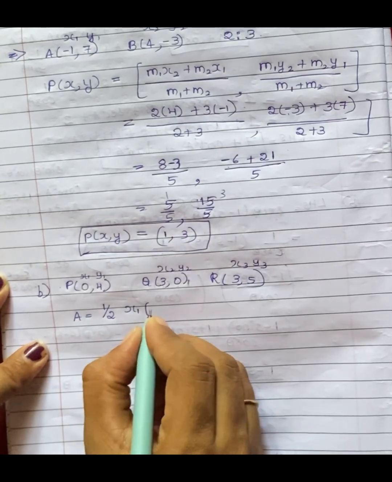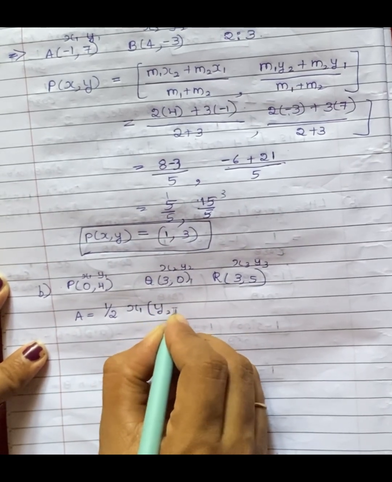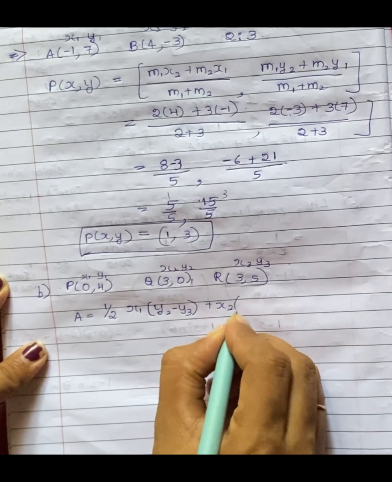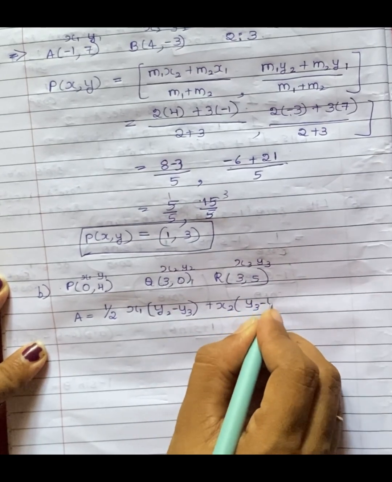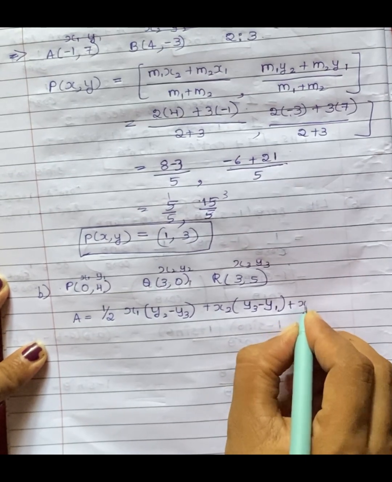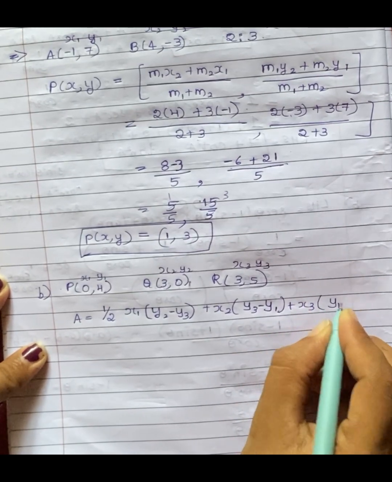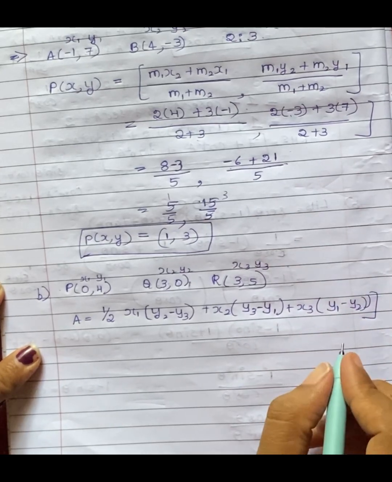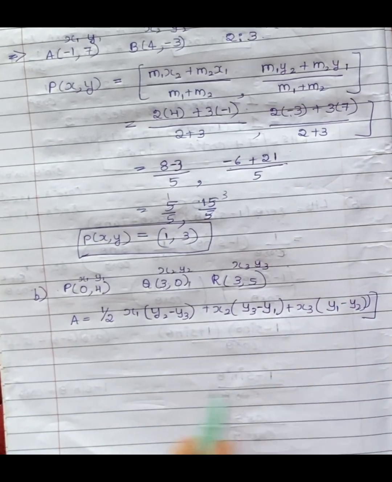So the formula is A is equal to half of x1 times y2 minus y3, plus x2 times y3 minus y1, plus x3 times y1 minus y2. Now we have to replace this with the given values.